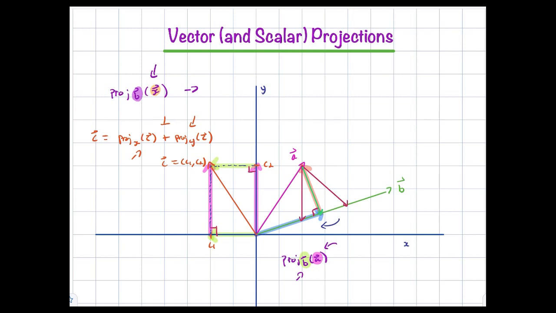The vector connecting A to B is going to be orthogonal to B if you construct that vector by connecting the tip of A to the closest point to it on B. So those are the three main ways we want to think about these things.